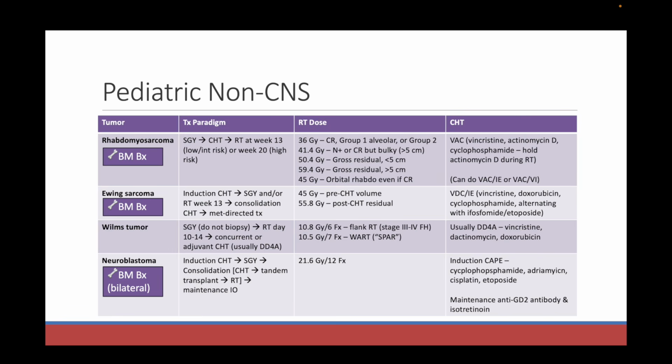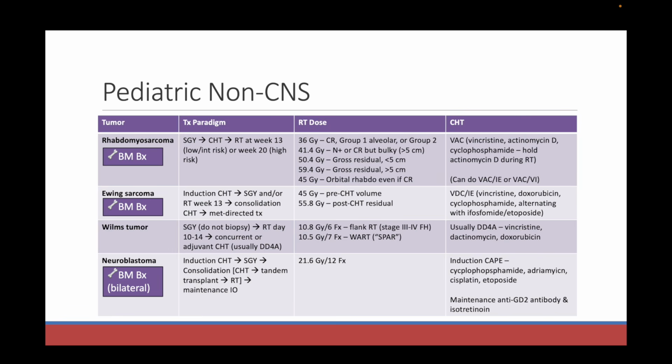And the reason for this is that if the vertebral bodies are treated asymmetrically, then you'll have asymmetric growth of the bones, and that can result in scoliosis. So you want to make sure that the vertebral bodies are homogeneously covered with the same level of dose, depending on whatever disease site you're treating. So for example, CSI, you're going to a higher dose, so make sure they're getting at least 18 gray.